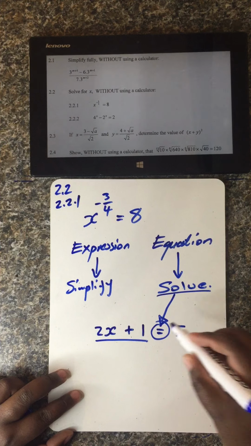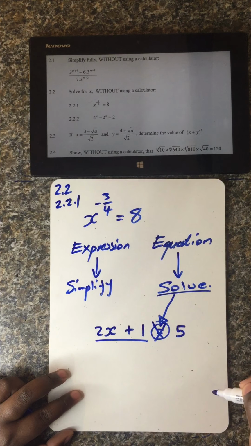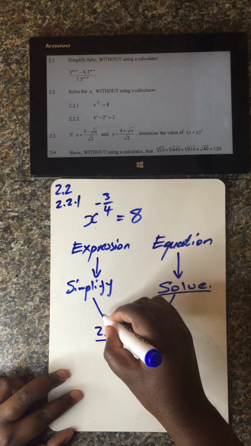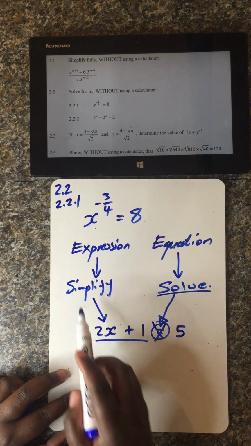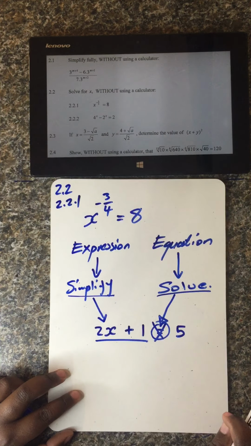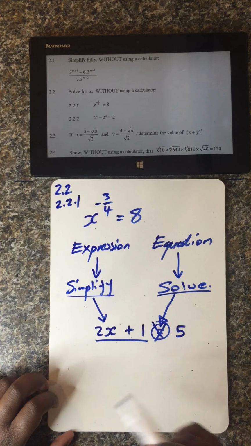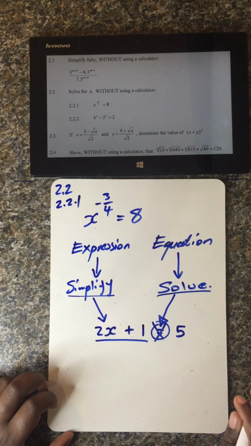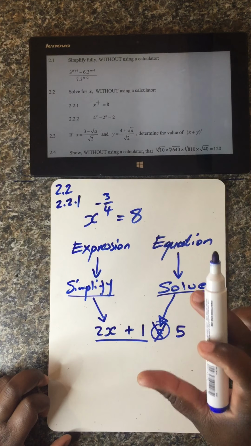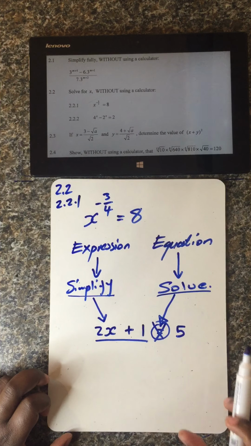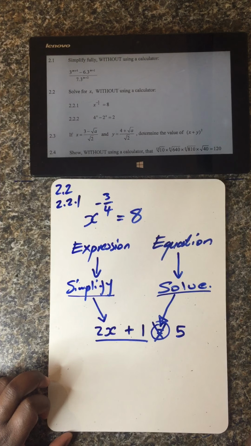If we do not have that equation, it means it's an expression. If it's an expression, then they will want you to simplify. So what we have done on question 2.1, we were simplifying. We wanted to write that expression in its simplest form. Very, very important, ladies and gentlemen.